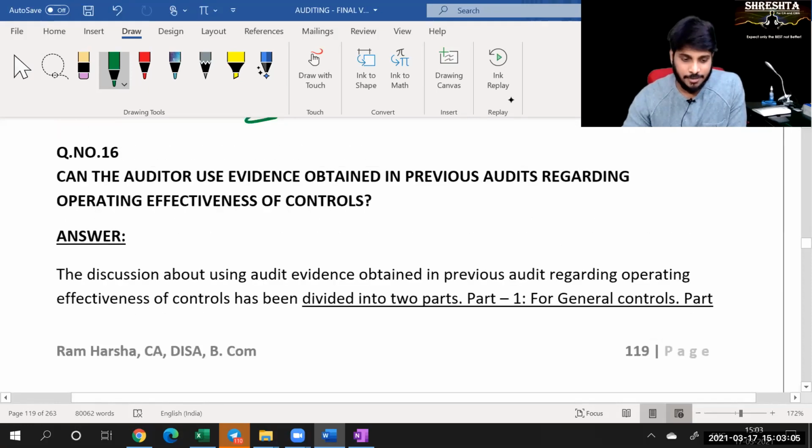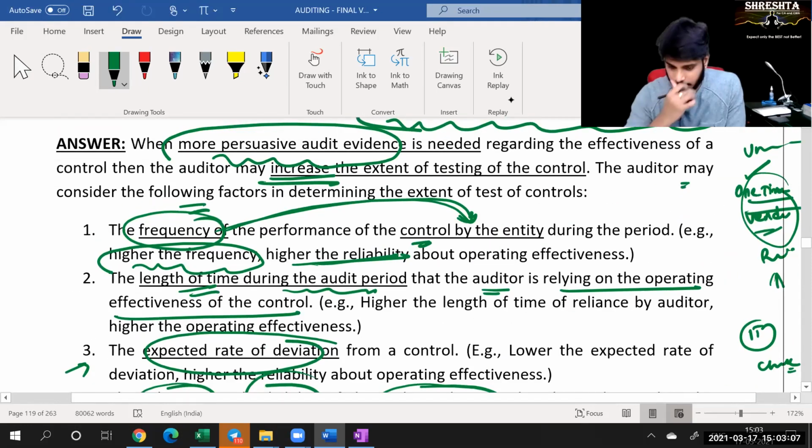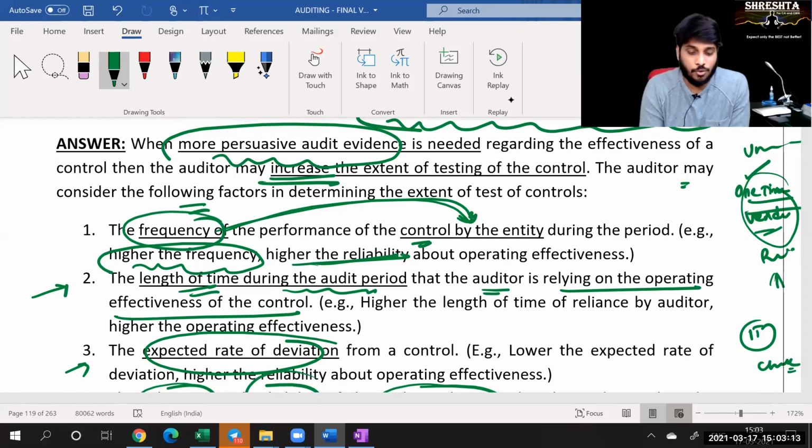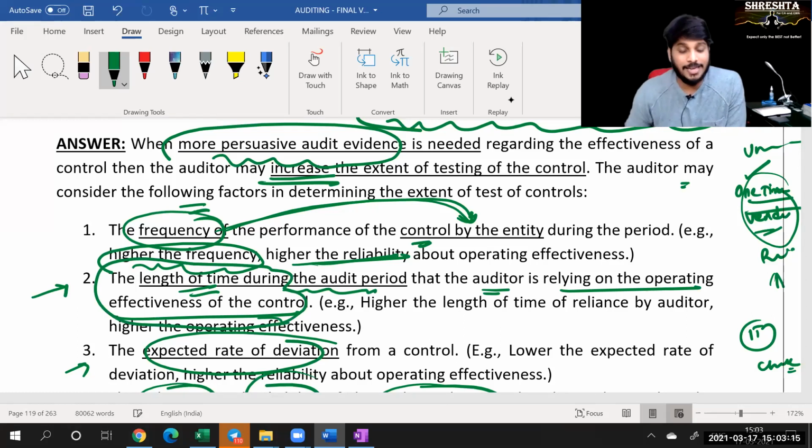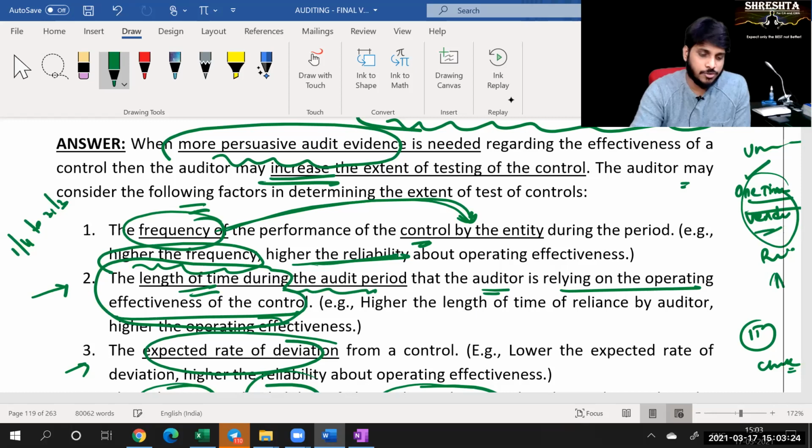Question number 14, second point. See, what is the length of time you are relying on the operating effectiveness of the control? What do you mean by length of time? Suppose there is a financial year, 1st April to 31st March.